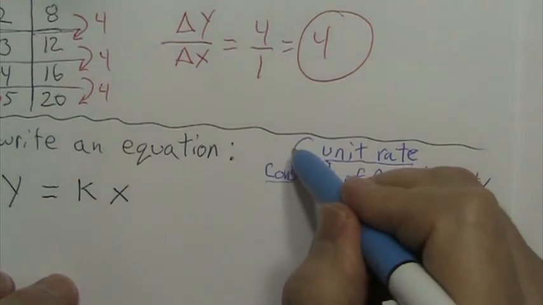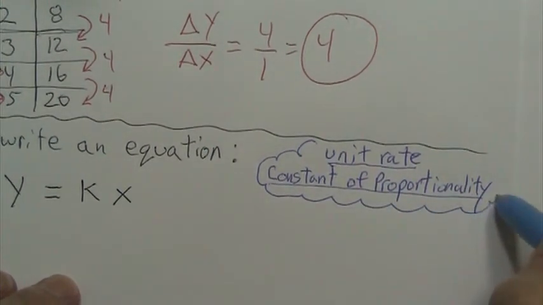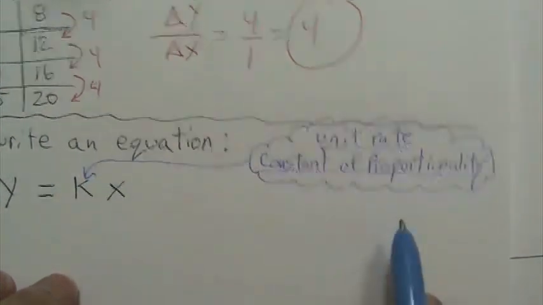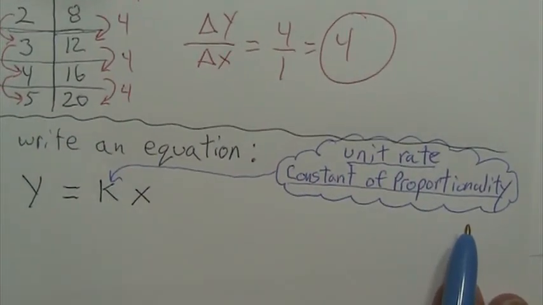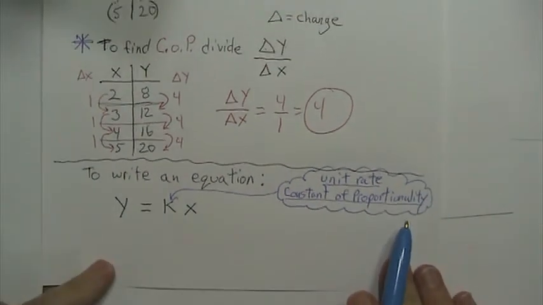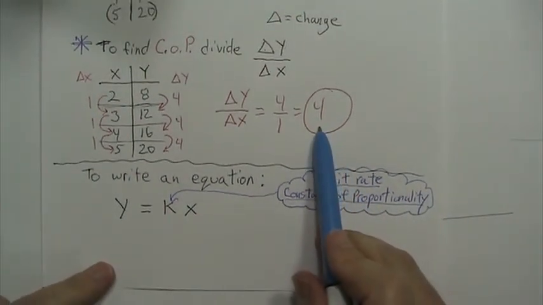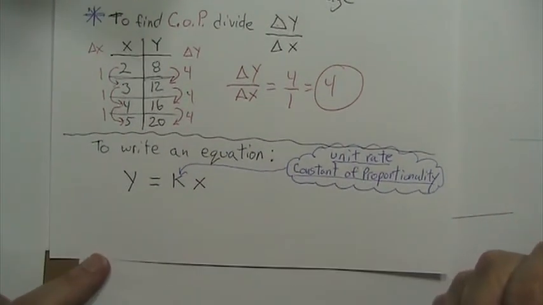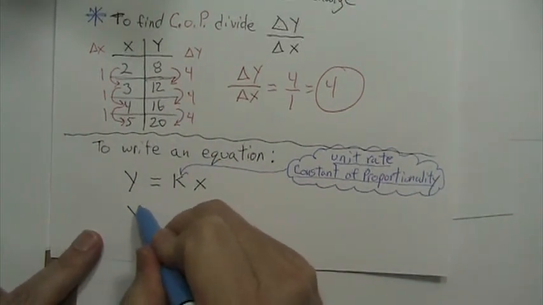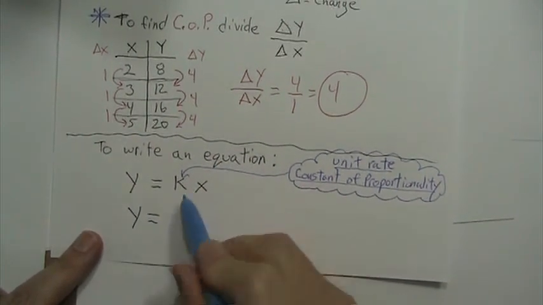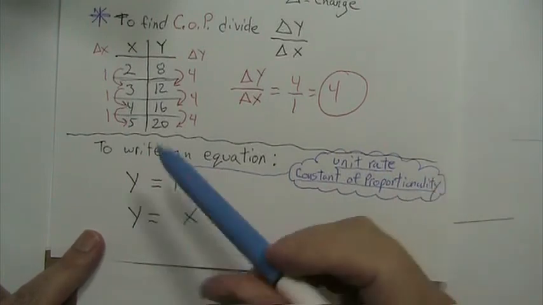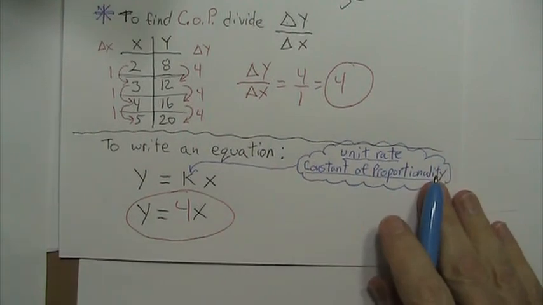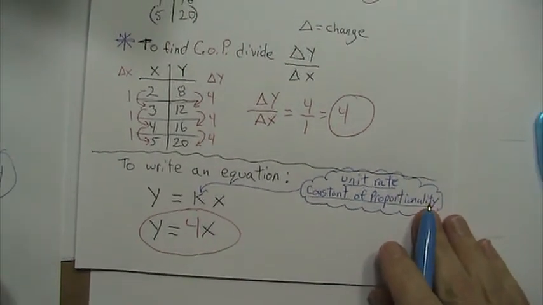Whatever that number is, it goes right there in place of k. So looking above, that number was 4, wasn't it? The constant of proportionality, the unit rate, was 4. So in our equation, we would say y equals 4x. That is the equation for the data that's above.